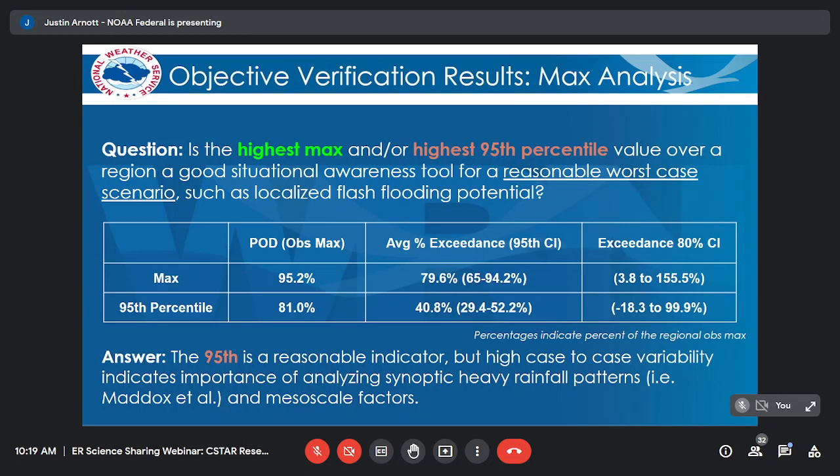It might help us with the problem of the max sometimes just completely overdoing things and really putting us in a position to have a serious high bias, if not in our grids, at least in our mental expectations, and maybe drawing headlines and things like that. So that's just one of the things that we analyze, because this might be a parameter that we could actually ask for and say, you know what, this is more valuable to us, the 95th percentile, at least in addition to the max, if not instead of the max.